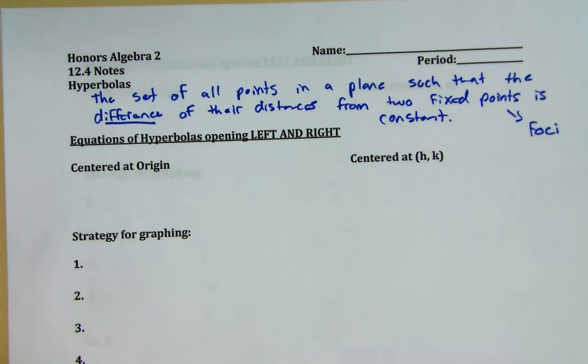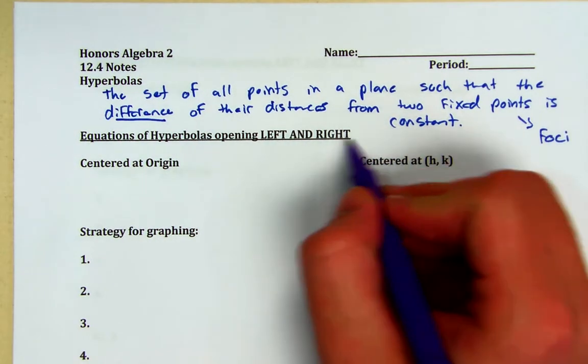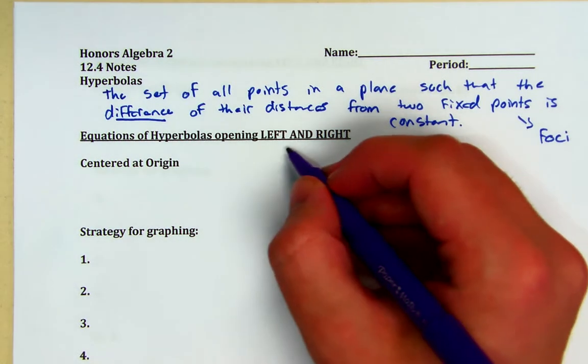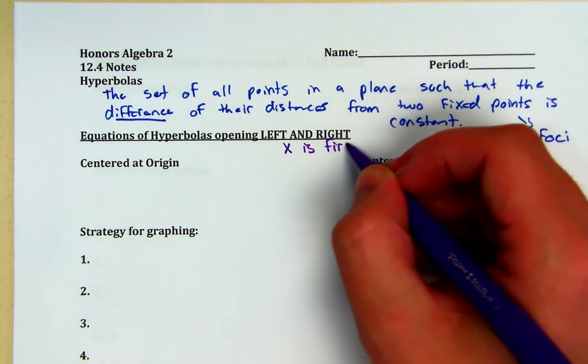Alright, so first, like we did with ellipses, we're going to talk about centered at the origin, and then we're going to talk about centered at (h, k). Hyperbolas are a little bit unique in that we have left and right opening ones, and up and down opening ones. Left and right is when x appears first in the equation.